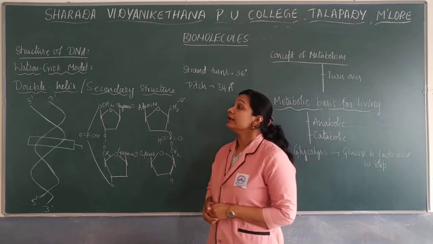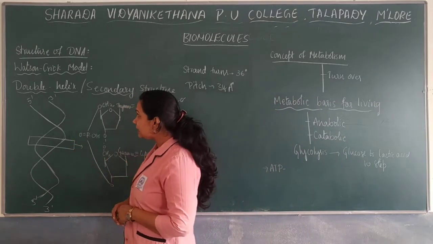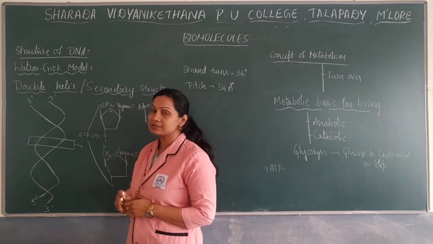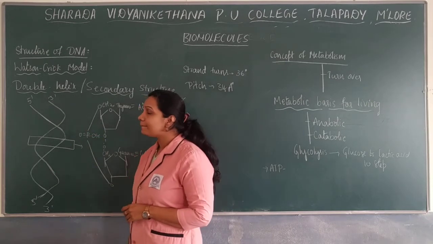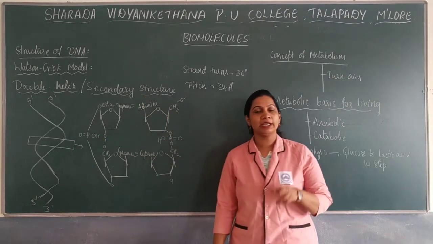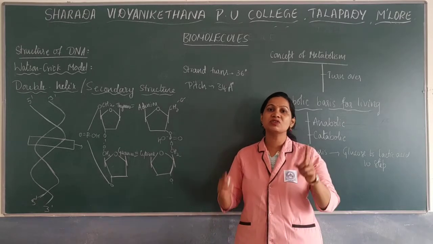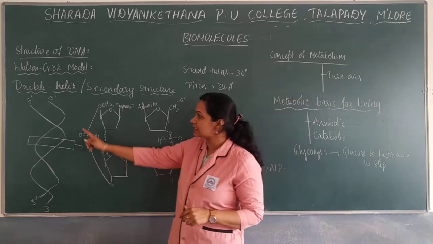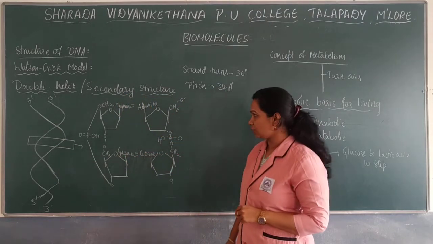Now, regarding the structure of DNA, which was mainly worked out by Watson and Crick, that is why it is known as the Watson-Crick model, and it is also called the double helix model. It is called a double helix model because of the presence of two helices, so two polynucleotide chains are involved here.